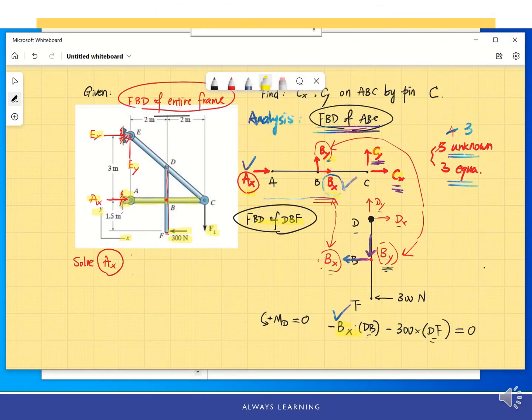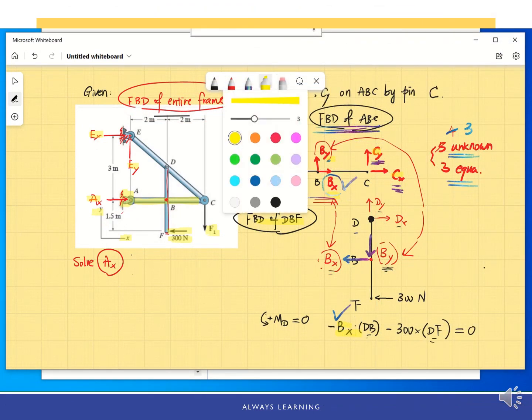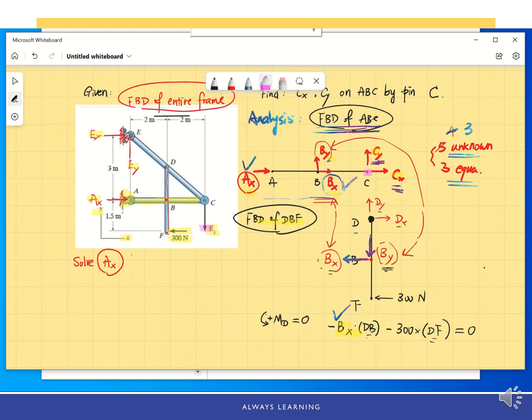I think one thing that really confuses us is here at pin C: should we put F1? Should we place F1 when we draw the free body diagram of the member ABC? Some of you probably put F1 here and then ended up with a wrong answer. Well, why do I not have F1 here?